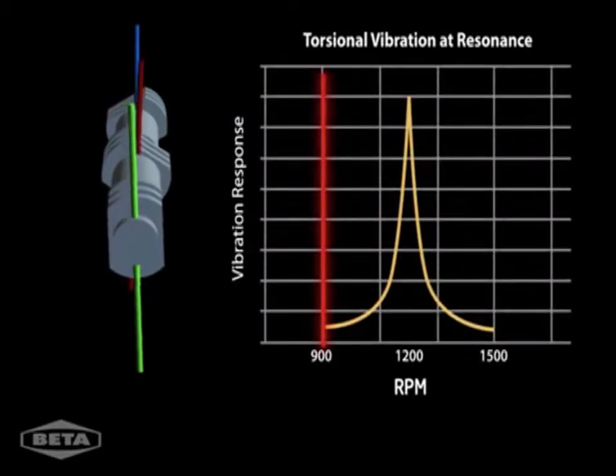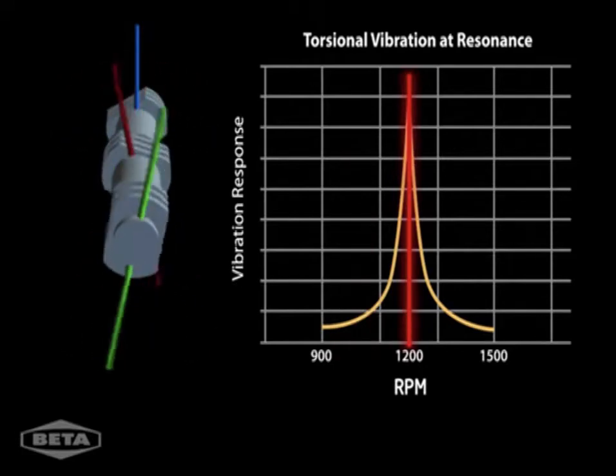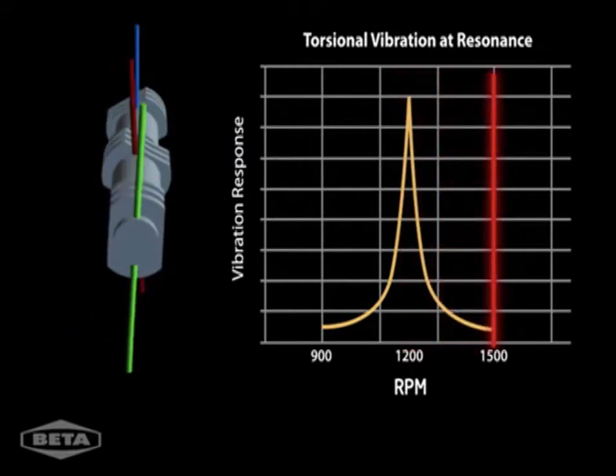In this example, the vibrations are low at 900 RPM. As the speed increases, the system becomes resonant at 1200 RPM when the speed is at the TNF. At resonance, the vibration response is greatly amplified. Above the resonant frequency, vibration response is significantly reduced.